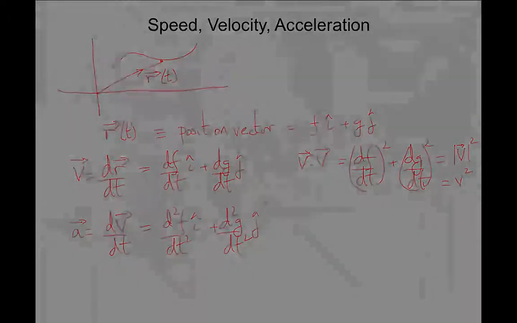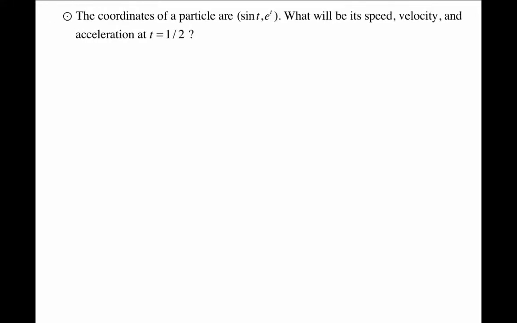Here's a straightforward problem. The coordinates of a particle are x equals sine t, y equals e to the t. We want to know what will be the speed, velocity, and acceleration at t equal to half.